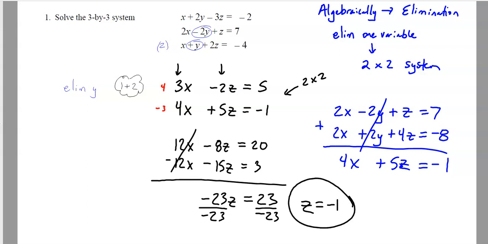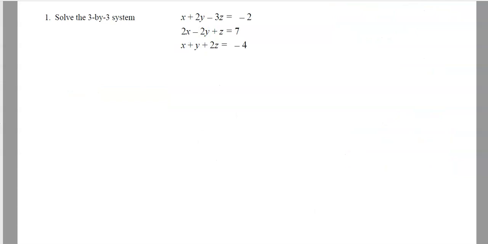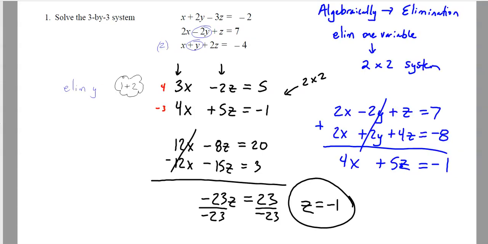Now, once you get that first unlock, once I get the z equals -1, then it's all going to start falling into place. Because now I can substitute this -1 into either one of these two 2 by 2 equations, and I should be able to get x. So that's going to unlock x.